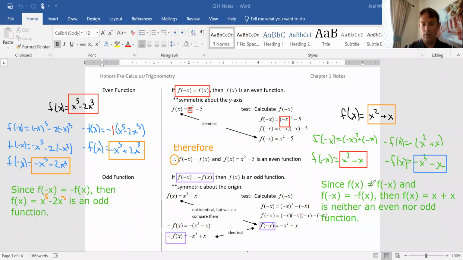So let's make those not equal to, and that should have had a squared. Hopefully we have an idea of even and odd. This does come into play on some trig functions later on in the school year. It also will come into play in calculus as well. So we need to have a basic idea of what even and odd functions are.